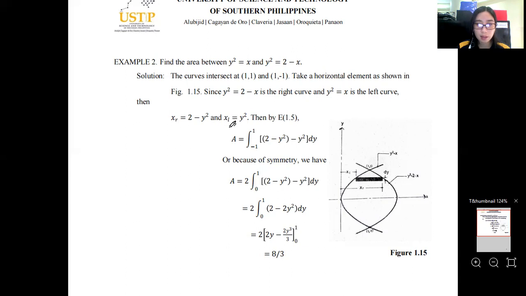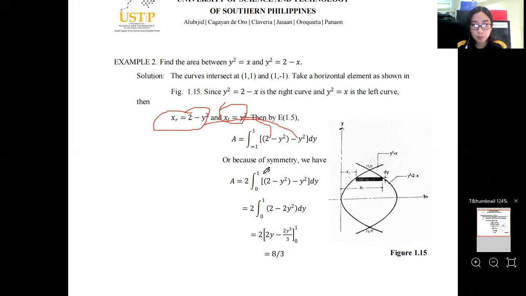And x sub l is now equal to y squared. So that is from equation 1.5. Therefore, the area is equal to the integral of 2 minus y squared minus y squared delta y.